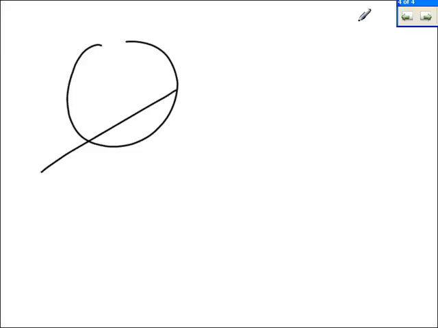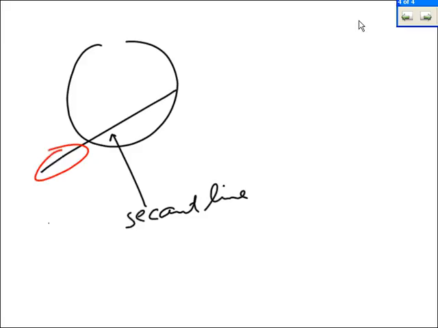And another definition. If you have this secant line, and the whole thing is a secant line, if you have this secant line segment, we have a special name for this portion. It is called the external part.